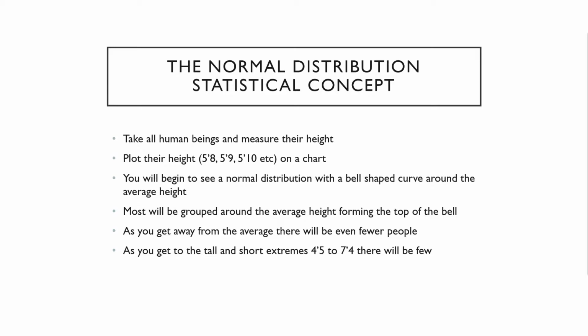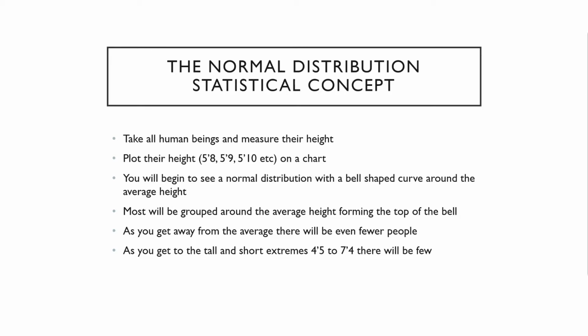So for example, take all human beings, let's just say in the United States, and measure their height. Okay, if we take their height and we plot it on a chart, right, from 4'5" all the way to 7'6", you will begin to see a normal distribution with a bell-shaped curve around the average height. Most will be grouped around the average height, forming the top of the bell.